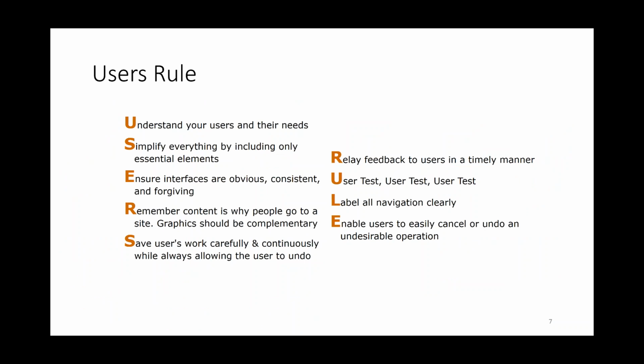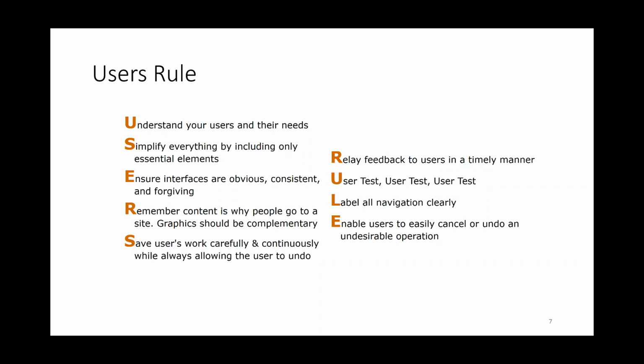This is a summary, from a high level, of the different user rules, and you can remember them by this. Basically, understand your user needs, keep it simple. Try to keep your UI simple and to the point. Consistency is very important across the board. Then remember that content is why people are coming to your screen.